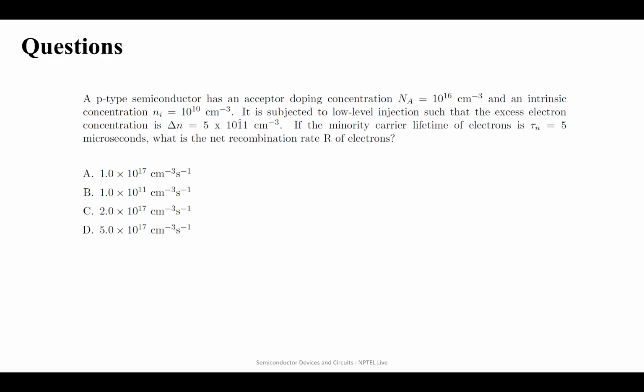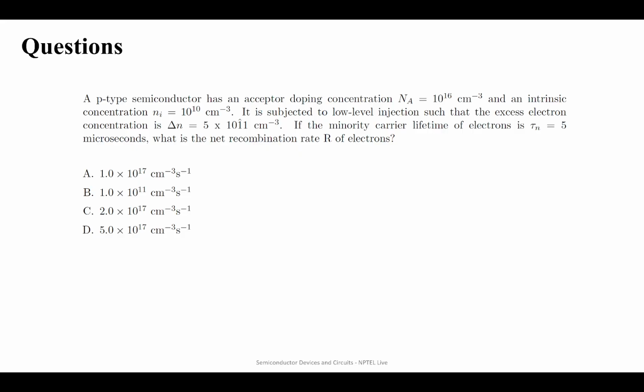A p-type semiconductor has an acceptor doping concentration Na equals 10 to the 16 per cm cubed and an intrinsic carrier concentration ni equals 10 to the 10 per cm cubed. It is subjected to low level injection such that the excess electron concentration is delta n equals 5 times 10 to the 11 per cm cubed.